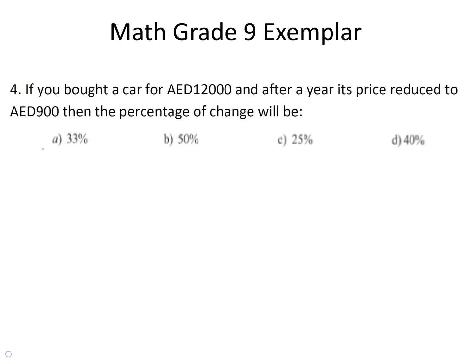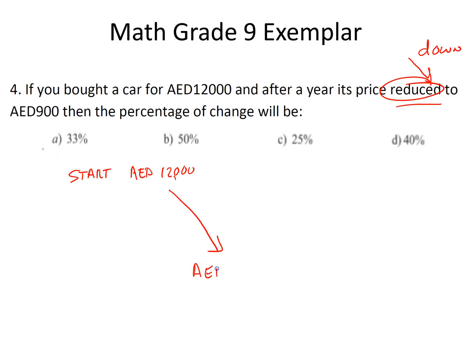Number 4. If you bought a car for AED 12,000 and after a year its price reduced, meaning it went down, to 900 AED, then the percent of change will be. So my car starts at AED 12,000, and reduced to AED 900.